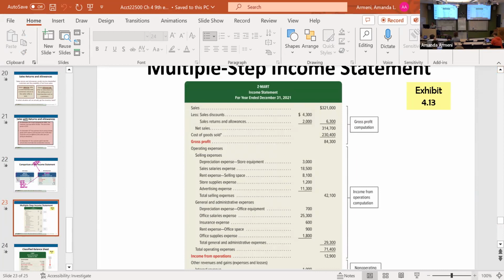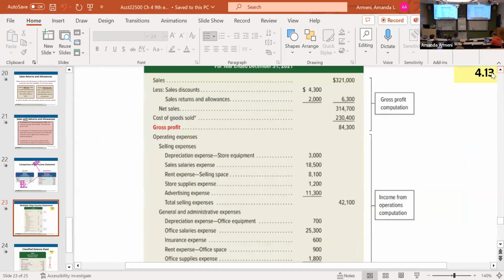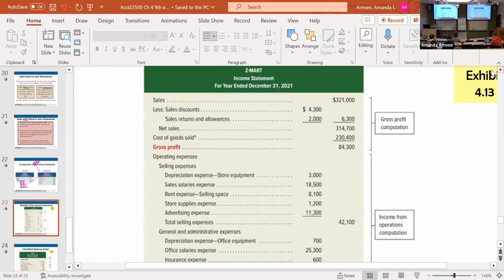You can see how extensive the income statement can be for a merchandising company that has not only the sale of products, but they actually categorize their other expenses between operating expenses and administrative expenses. So this is what the income statement of a real world company could look like.